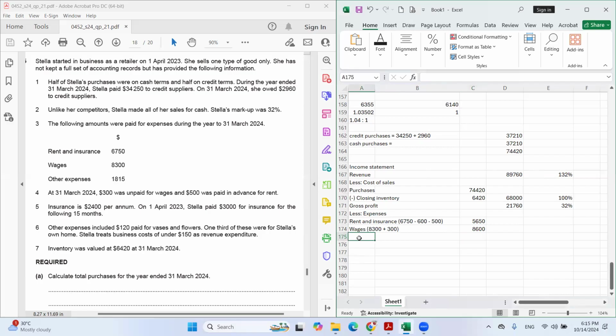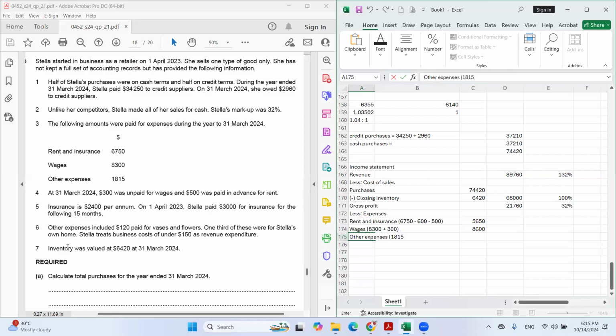And then for the other expenses, we have a paid amount of 1815. And then they say that 120 was paid for the vase and the flower. So this one, 1/3 of these were for Stella's own home. Own home means this is personal.